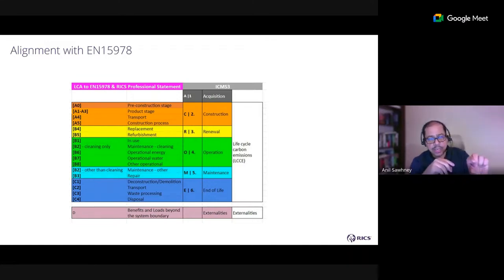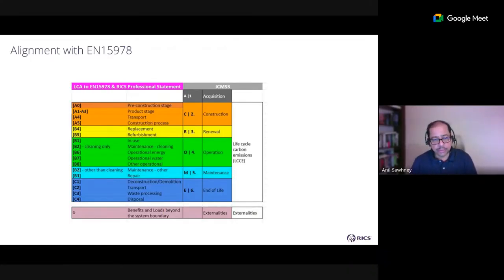So you will see A0, which is the acquisition cost, which is optional in buildings but required for infrastructure projects, can map to either A1 or C2, the construction category of ICMS. Product stage, transport stage, construction process all neatly map in the ACROM hierarchy to C. B4, B5 connect to renewal in the ICMS category architecture.